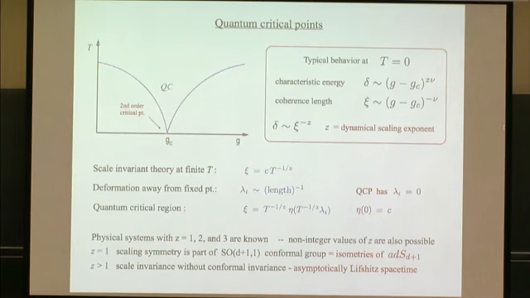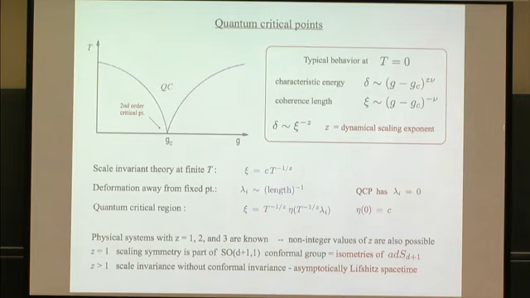Okay, but this being a scale invariant theory, once you turn on temperature, you will find that if you do that exactly at the critical point, the temperature is going to be the only scale in the problem. And in order to get something more interesting to work with, you have to deform away from the critical point. And so if you have some parameters that do that, you still will find that in this quantum critical region, the physics is governed by the critical point, and that manifests itself in that your coherence length, for example, will satisfy some rather simple scaling properties.